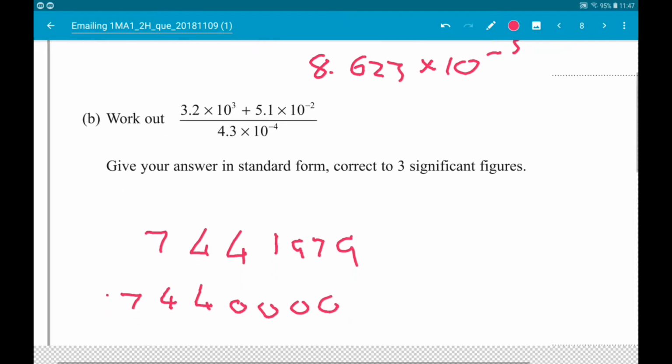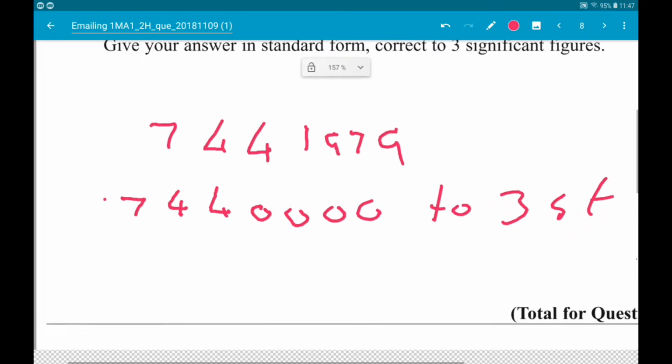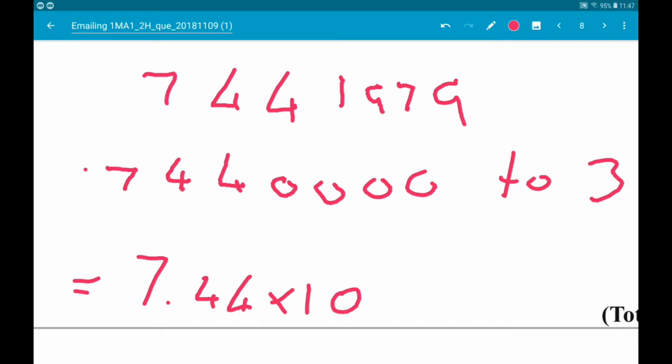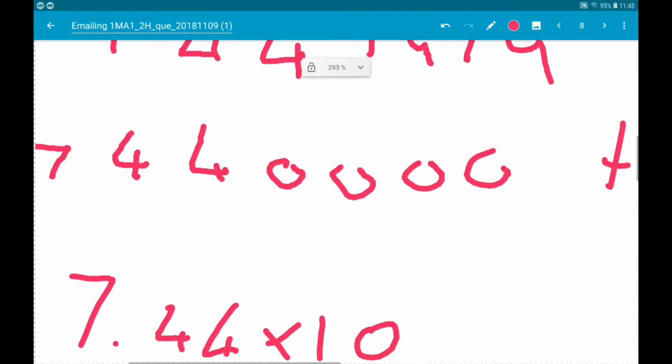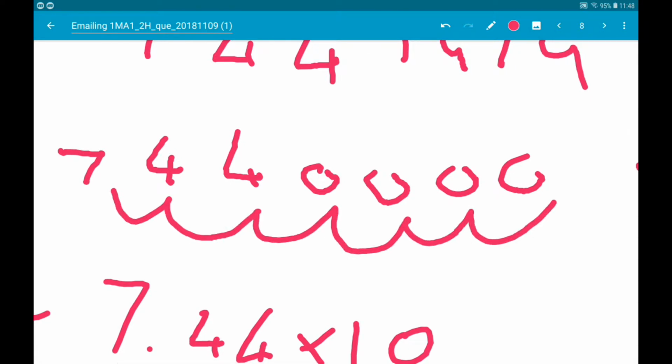So that then in standard form is going to be 7.44 times 10. Now this time it's going to be a positive power, so it's going to be 1, 2, 3, 4, 5, 6.